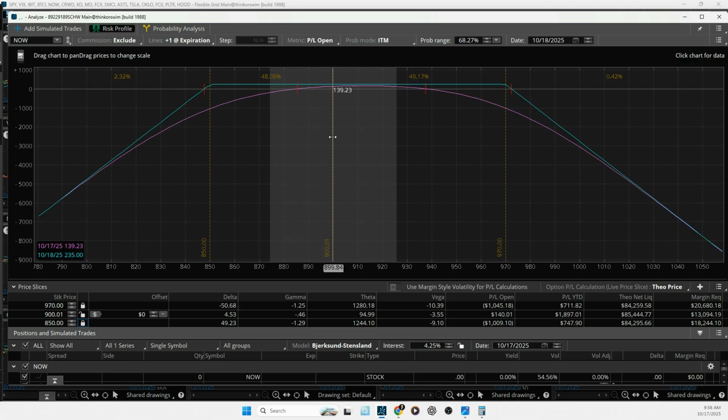Now, if I wanted to, I could add up these two numbers and then know the likelihood of it staying between these two numbers, exactly.